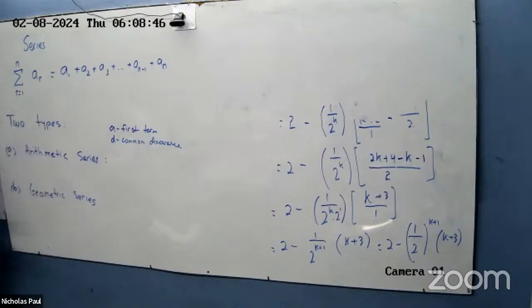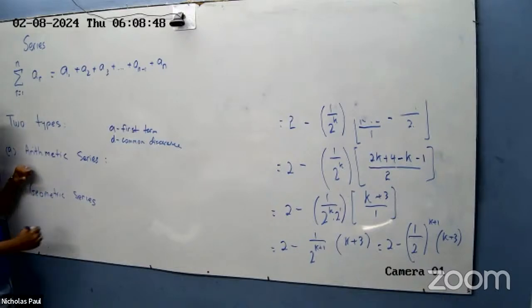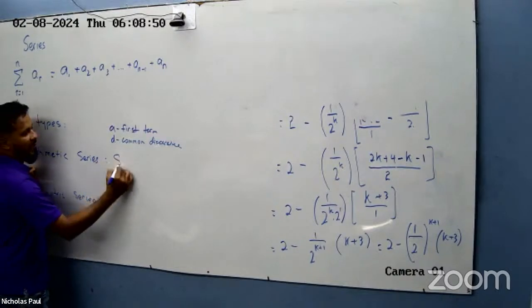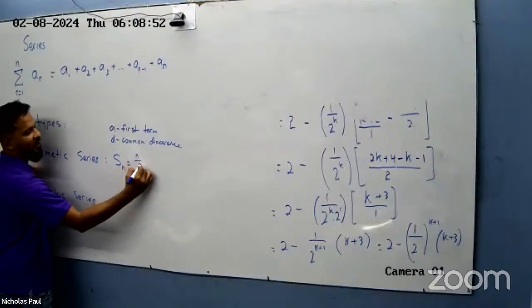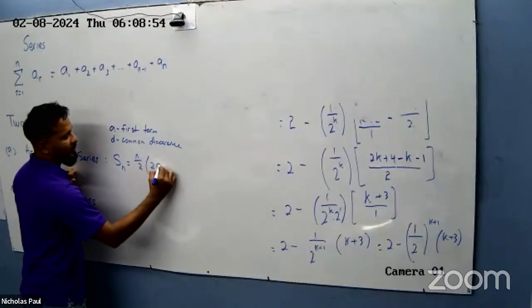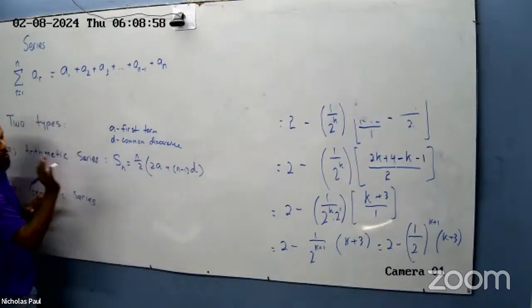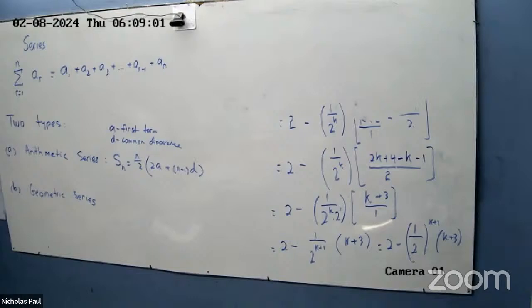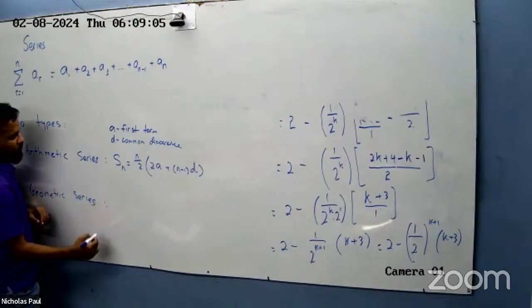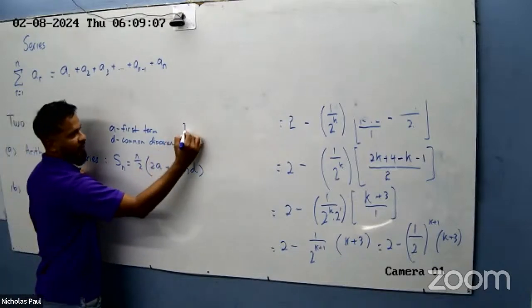And we need to remember how to sum all the terms. S to the n is equal to n on 2 by 2a plus n minus 1 d. Or you have the last term formula as well, right? Actually, I'm going to give you the general term in case you forget that.